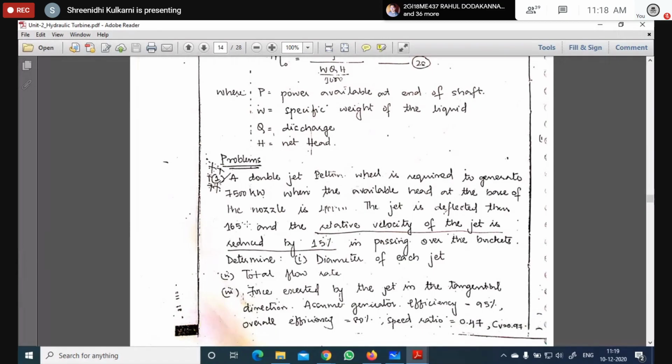Third one, force exerted by the jet in the tangential direction.